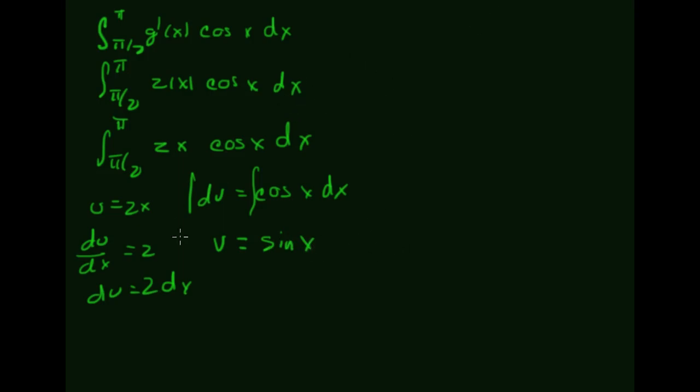So u times v is 2x sine x from pi over 2 to pi, minus the integral of v du, which is 2 sine x dx. Sine of pi is 0 and sine of pi over 2 is 1, so this is just negative pi out here, minus the integral from pi over 2 to pi.